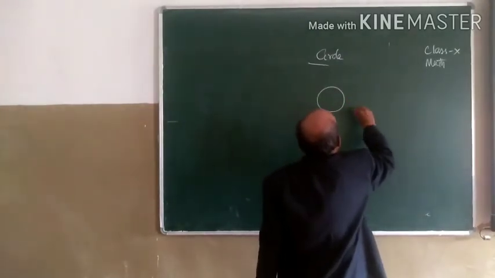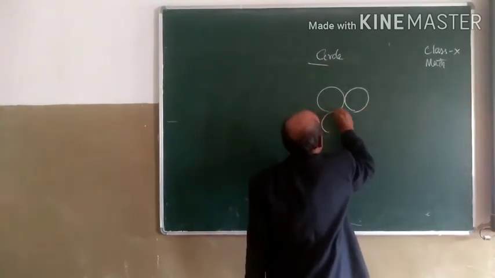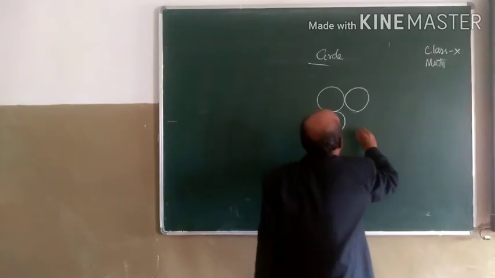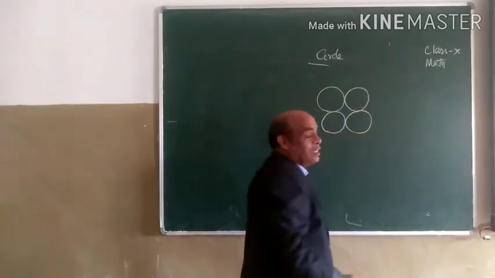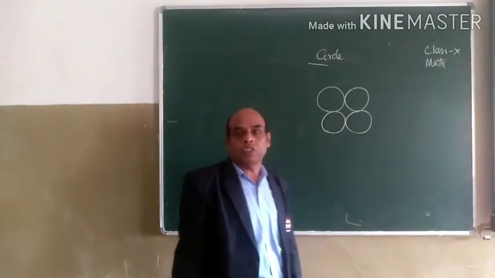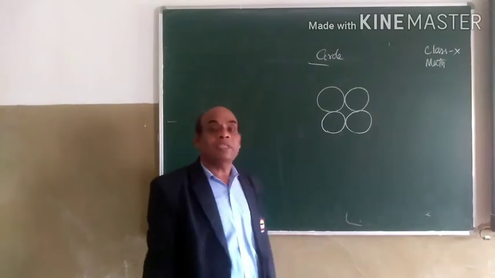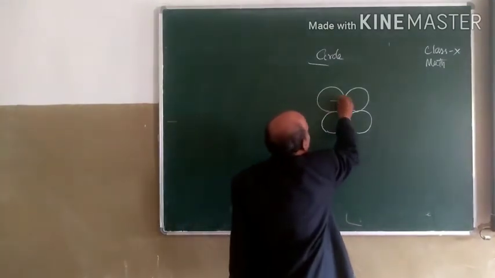Circles of the same radius are touching each other. You see here, there are four circles. Four circles having equal radius. It means all are 7, 7.